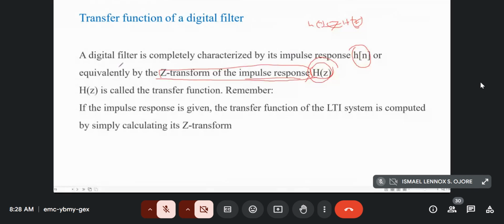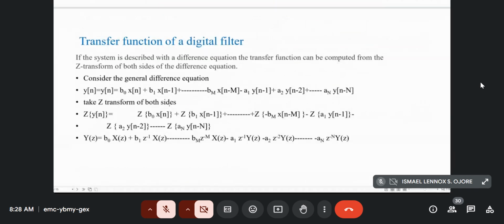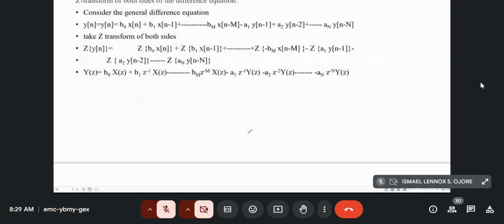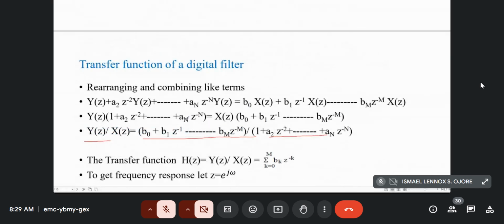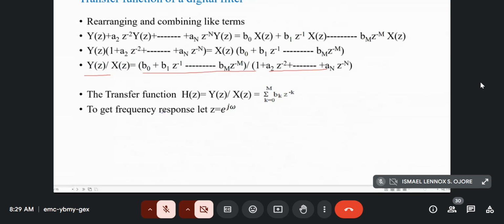This is just what we said yesterday, so I don't think I need to repeat this again, unless anybody has a question. The transfer function of a digital filter is given by that, and if it is FIR, it doesn't have the A terms.